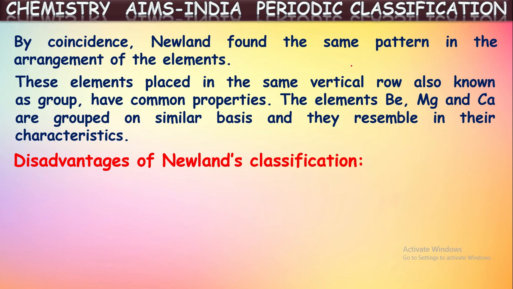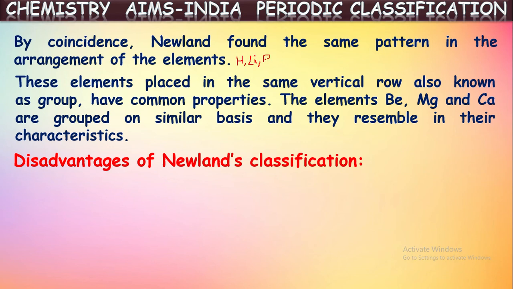Here we have to remember one point. While he was giving this classification into octaves, they didn't know about the noble gases. Noble gases were not discovered then. So he arranged all the available elements at the time in increasing order of their atomic masses. For example, first he wrote hydrogen, then lithium, because noble gases were not known at the time.